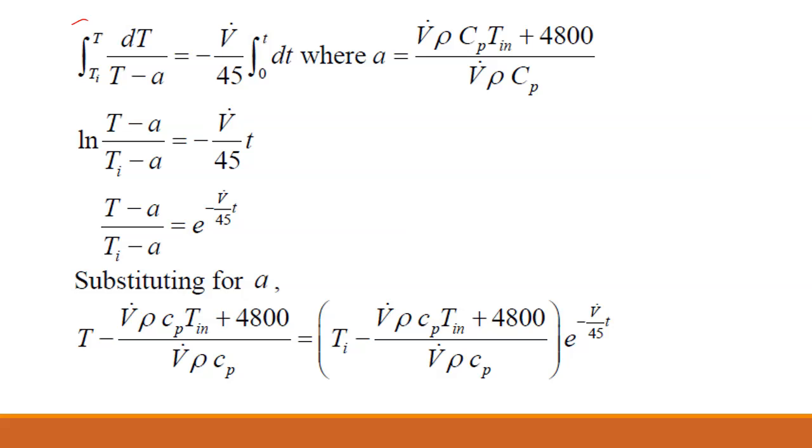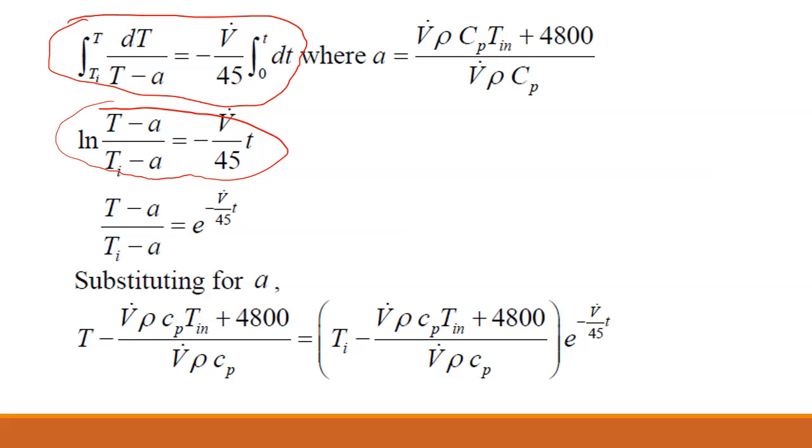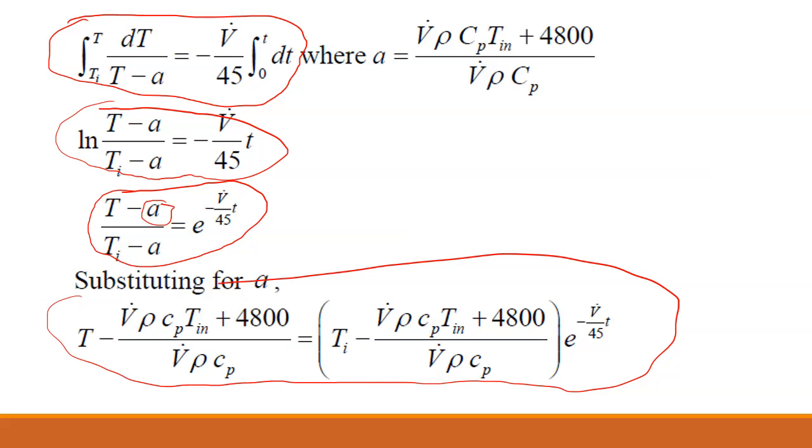Continuing on solving the equation, okay, when we integrate, we get natural log, and so that will give me temperature varying as an exponential. So if I substitute for the A now, we get the final solution that looks like this. Note that temperature is varying exponentially with time.